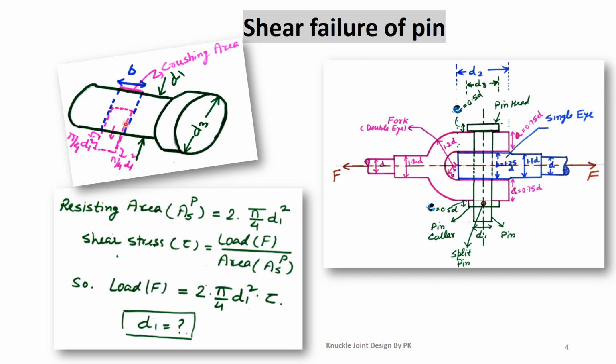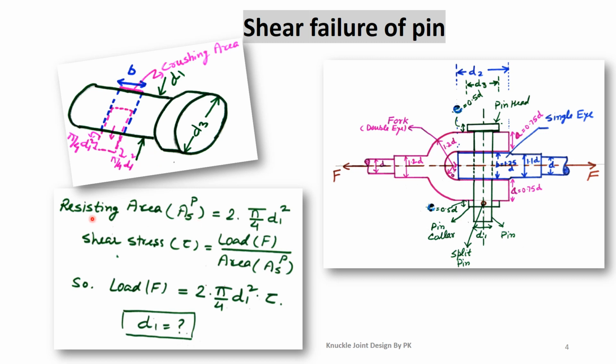From this location as well as this location it will fail in shear, and this middle cylindrical portion will slide from this location in the direction of the arrow. We have to find the shear area, because the pin fails from two locations, one from here and one from here. So this is the case of double shear.